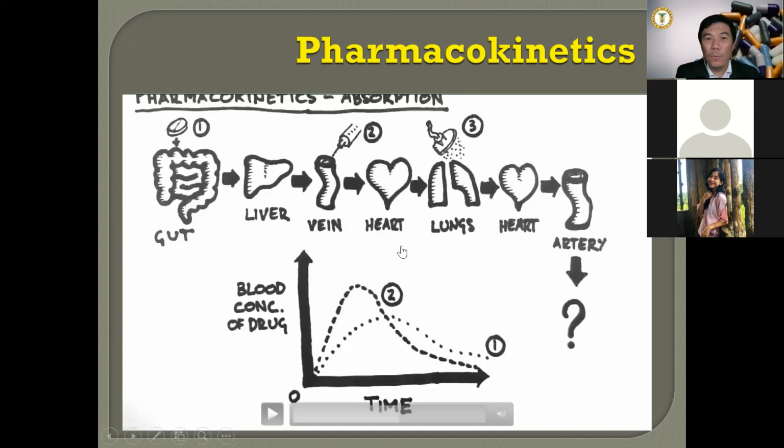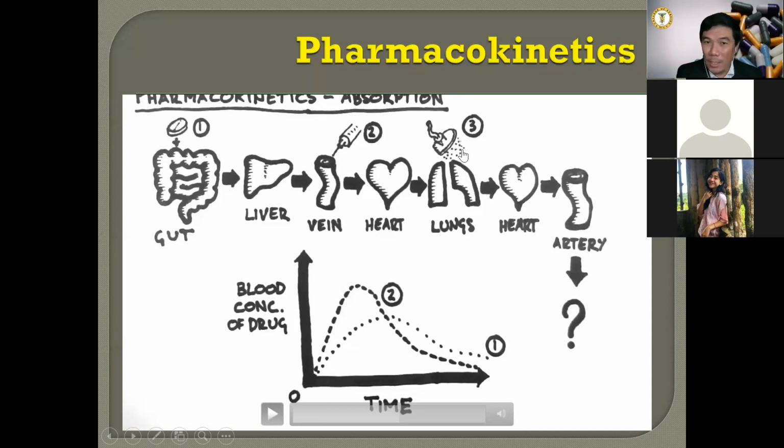So, from this journey in the physiological response of the body, number one is oral: liver, first-pass effect, vein, the heart, lungs, back to the heart, and artery. If it is given intravenously, then we have the blood going towards the heart, the lungs, the heart, and the artery.